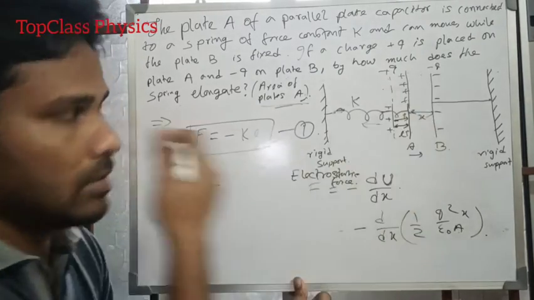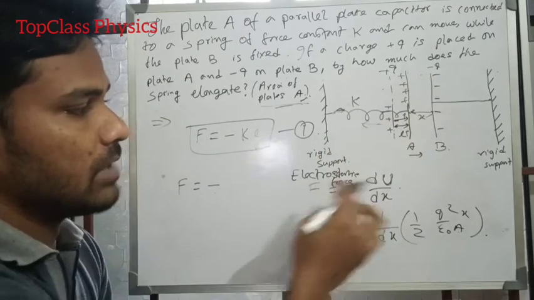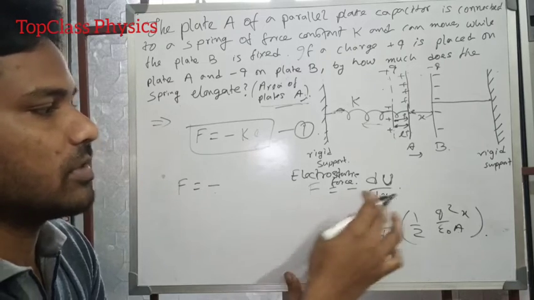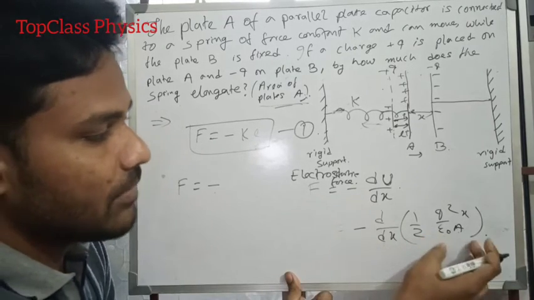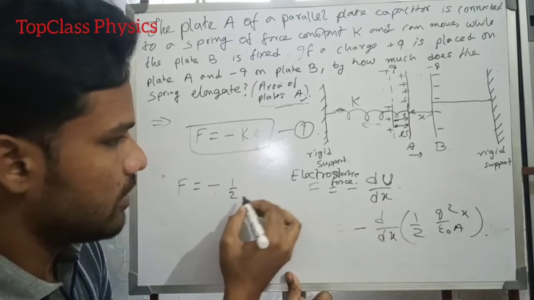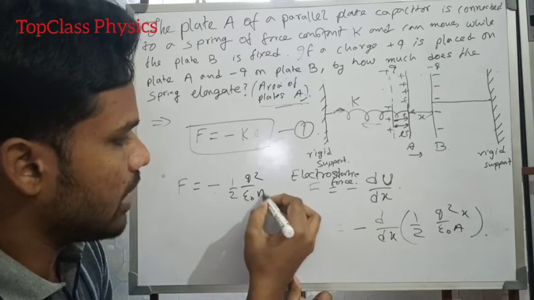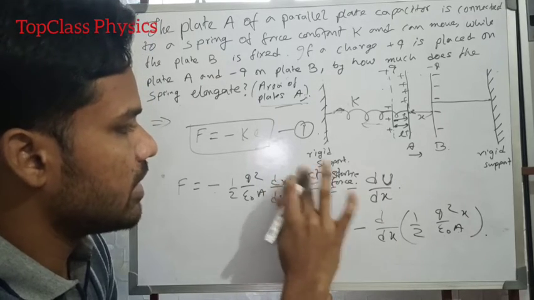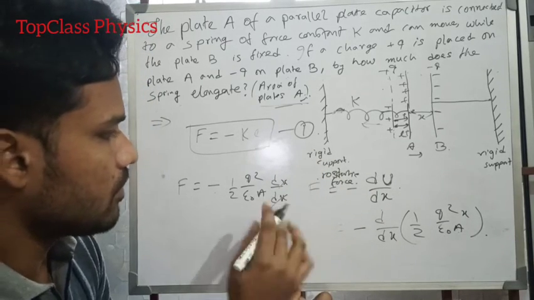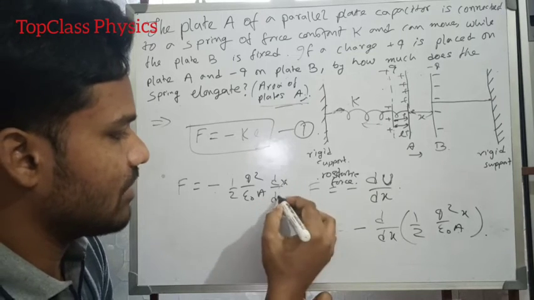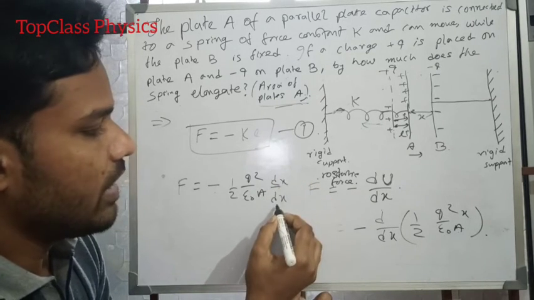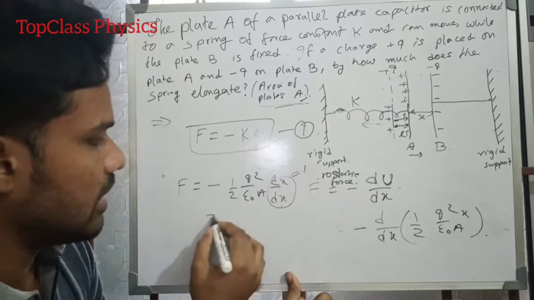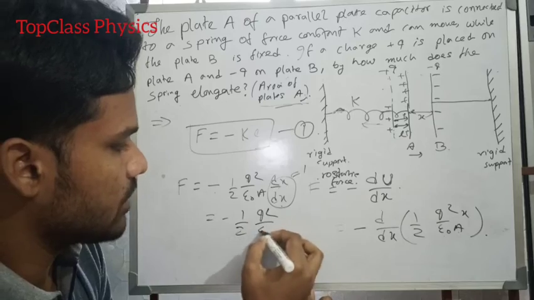Because the charges are opposite, the minus sign comes, and it is minus dU by dx. Now differentiate: half remains with Q squared by epsilon naught A, and X with respect to X gives 1. So it is minus half Q squared by epsilon naught A.